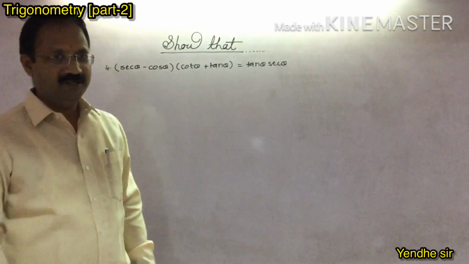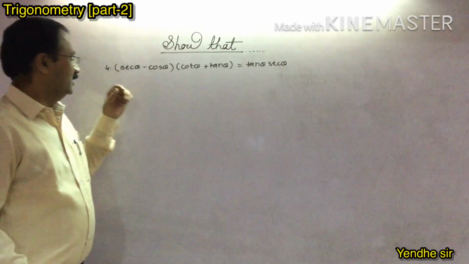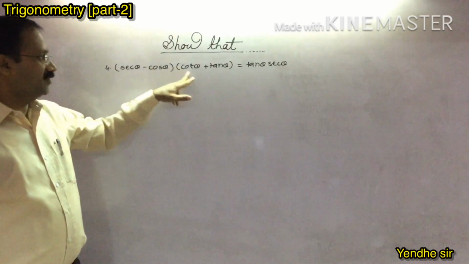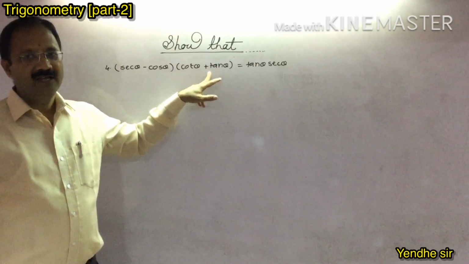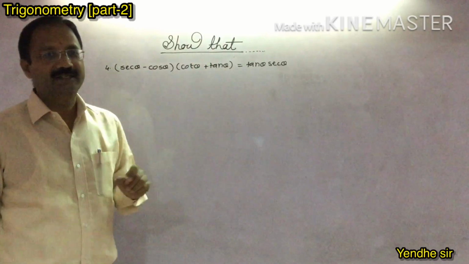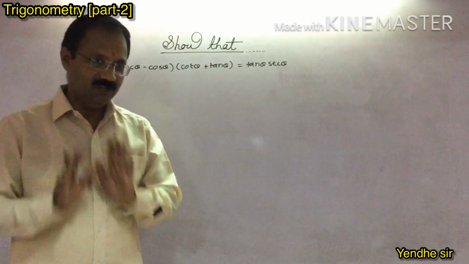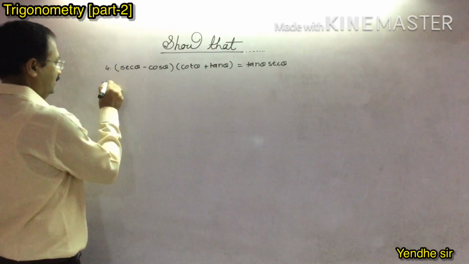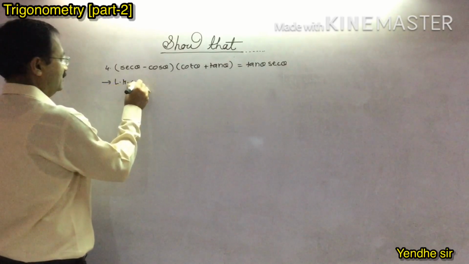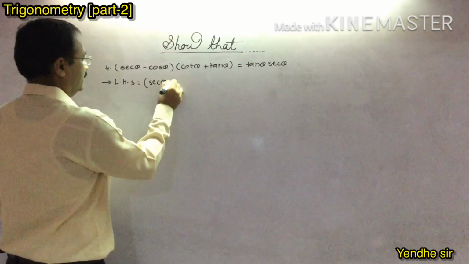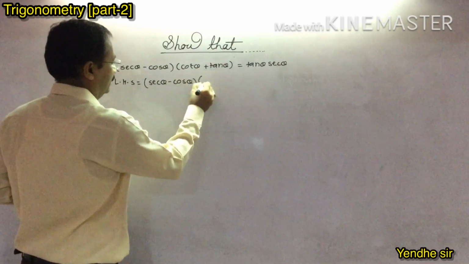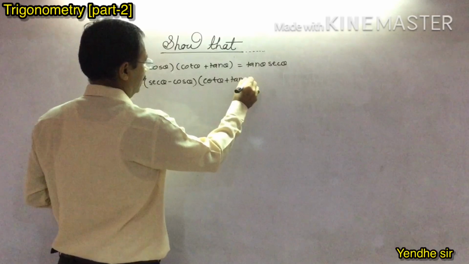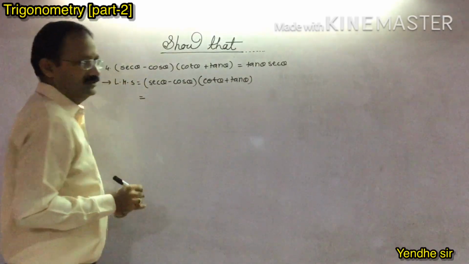Let's start with sum number 4. Again see this: (sec theta minus cos theta)(cot theta plus tan theta) equals tan theta sec theta. So again follow the rules. First rule, take the LHS. LHS equals (sec theta minus cos theta) into (cot theta plus tan theta). Now tell me the second rule.